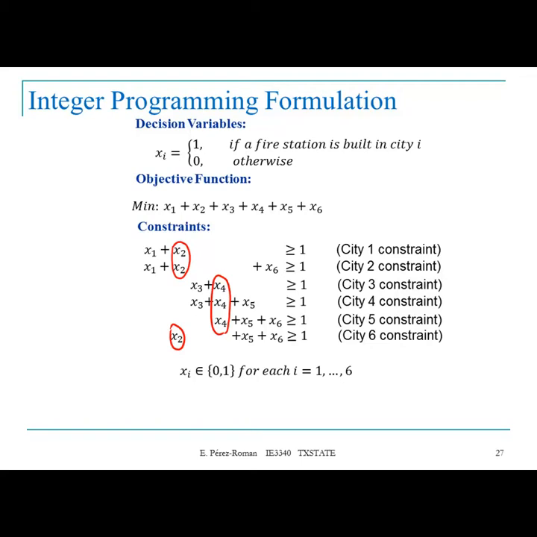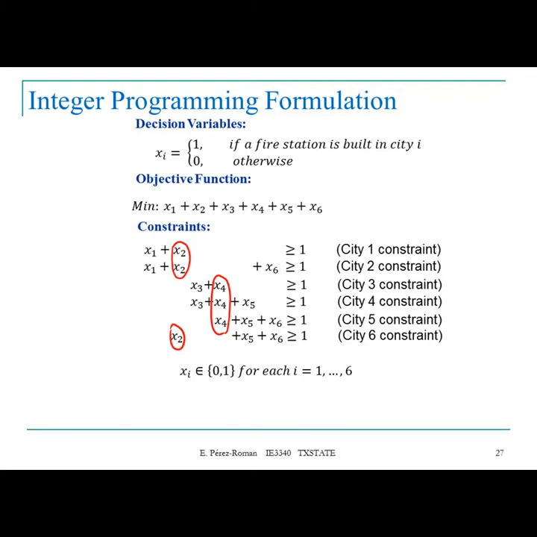And it will be the minimum number of stations because there's no city that can reach them all. So the minimum will be 2. Does that make sense? Okay, so if you have x4 equals 1, this is going to be greater or equal to 1, this is going to be greater or equal to 1, and this one is going to be greater or equal to 1.